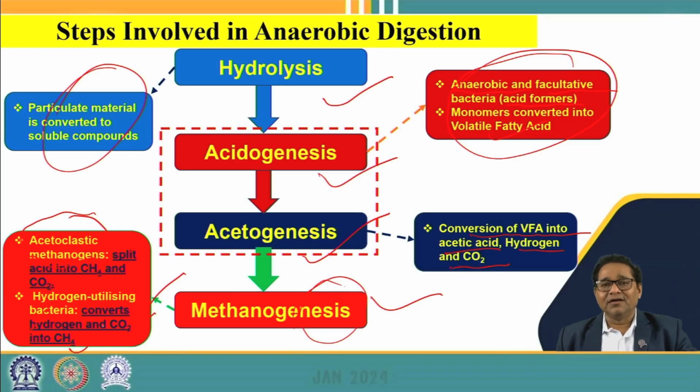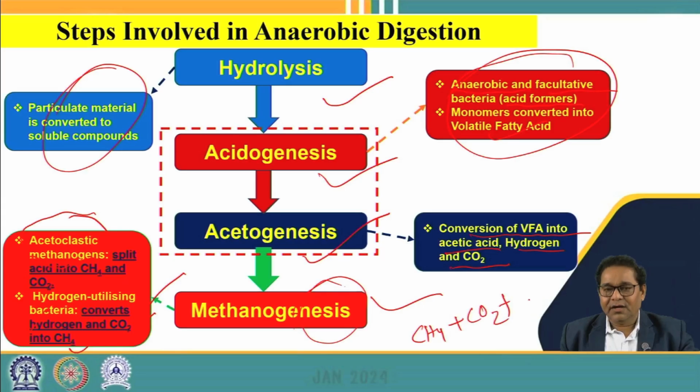So the final end products in this process are CH4 plus CO2 plus H2O. So this is how the organic fraction of the sludge is finally converted into these end products.